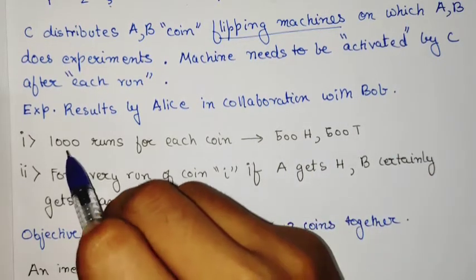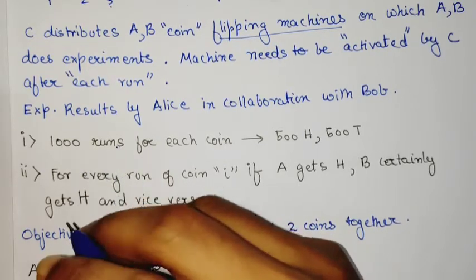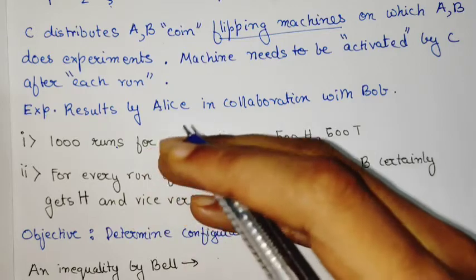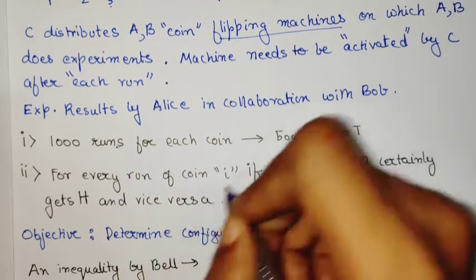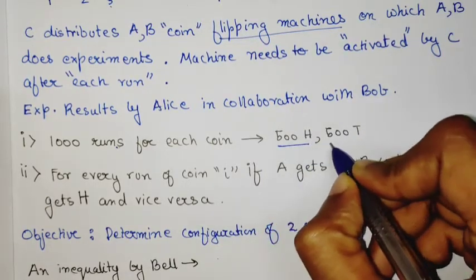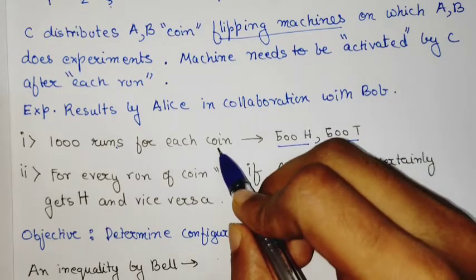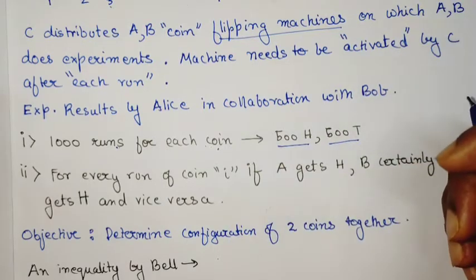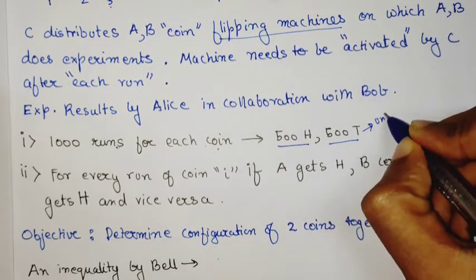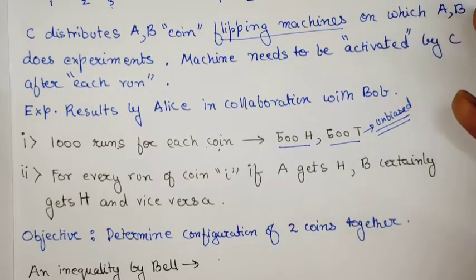When she performs 1000 runs, and suppose in the 1000 runs she selects to uncover coin 3, then with certainty she sees that 500 are heads and 500 are tails. The same thing happens for coin 1 and coin 2. What this means is that the coins are unbiased. This is what Alice as well as Bob conclude from this experiment.